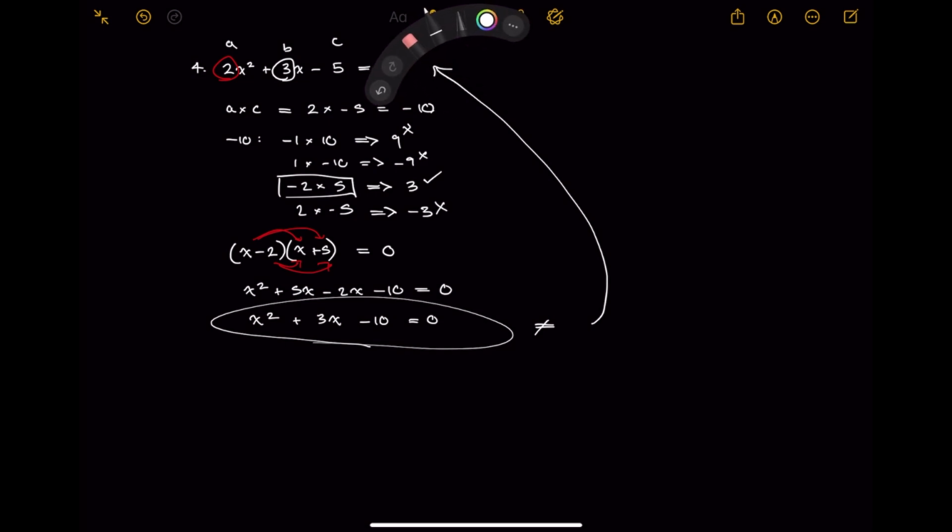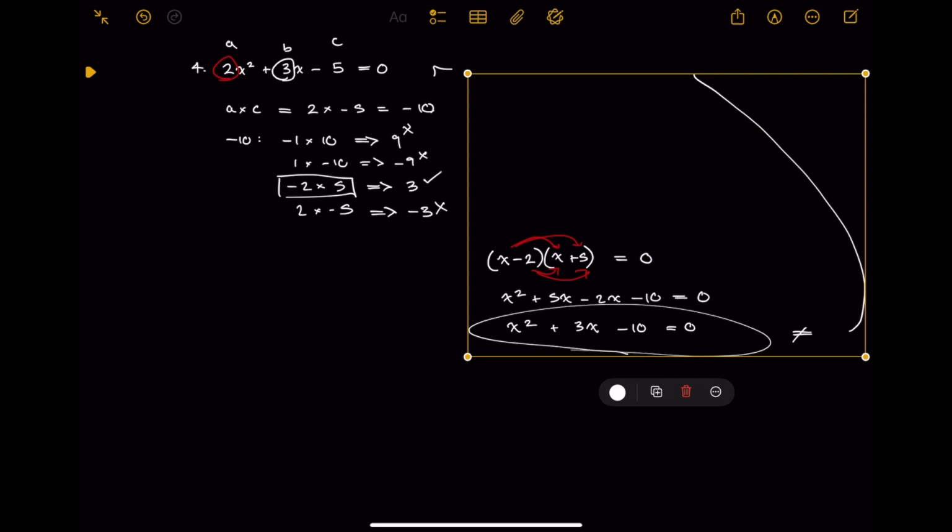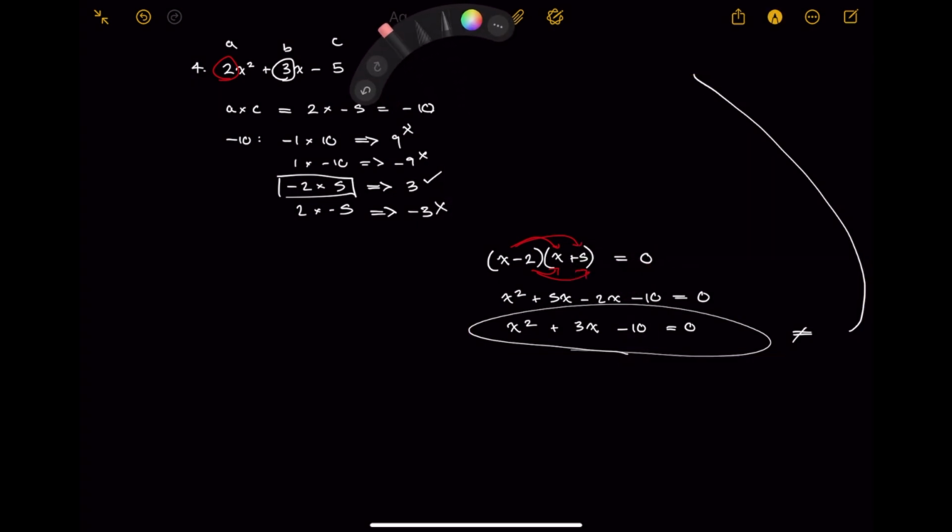So let me just move this aside so it doesn't block our view of things. Instead of plugging the numbers into our so-called factored form immediately, what we need to do is something called decomposition, which basically means that we're breaking down the b term, which is 3x, into two smaller component terms that are easier to factor.